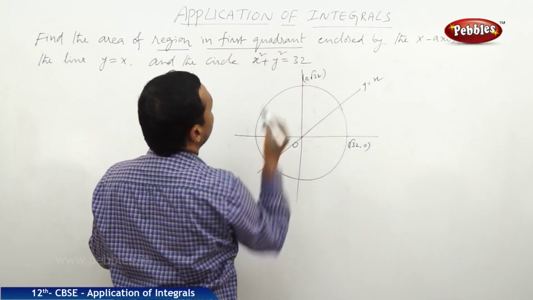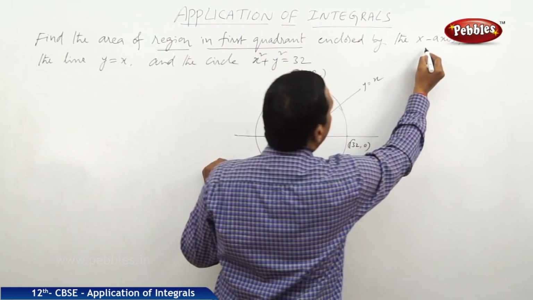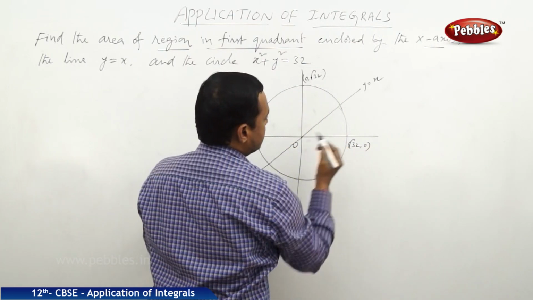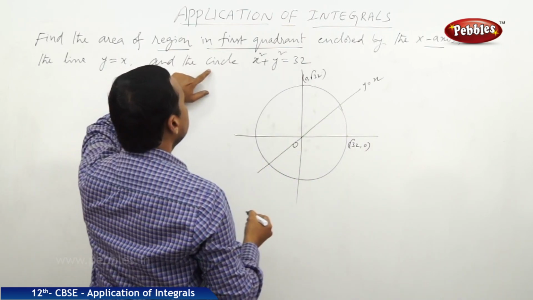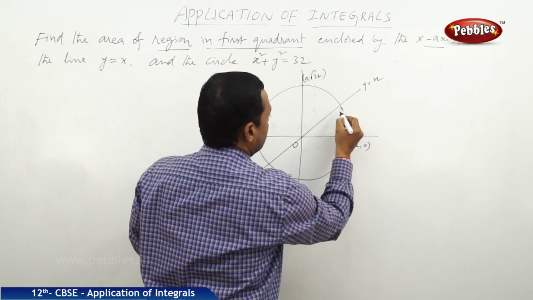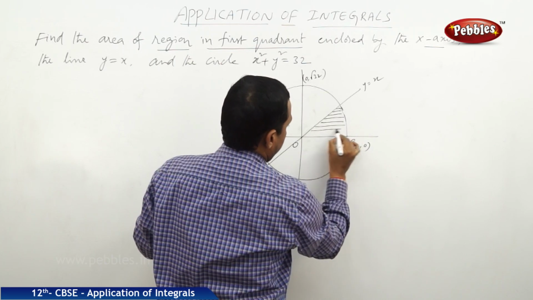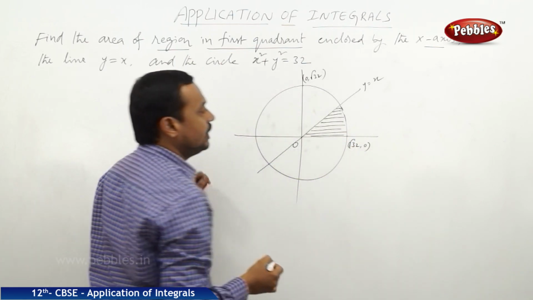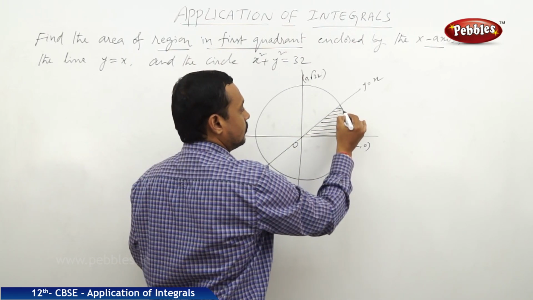That should be in the first quadrant and enclosed by the x axis, the line y is equal to x and the circle x square plus y square is equal to 32. That means the required area is this one. Now we have to find the area of this shaded part. But how?